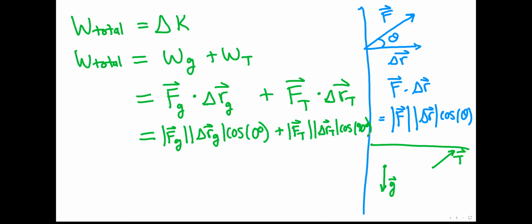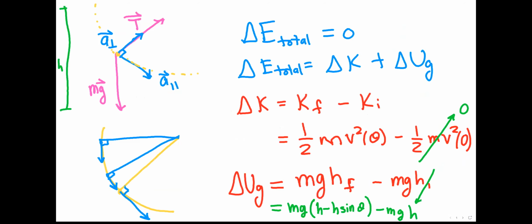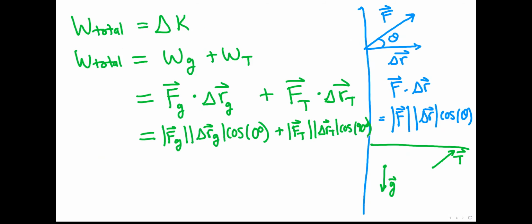Because this goes back to this diagram. The displacement is going this way, and the tension is going perpendicular to it. So it would be 90 degrees? Exactly, yeah. So we have cos of 90 degrees there. Got it. All right. Okay, excellent.